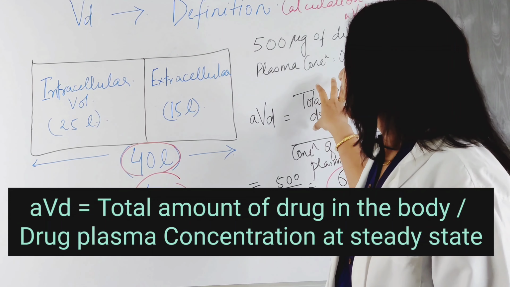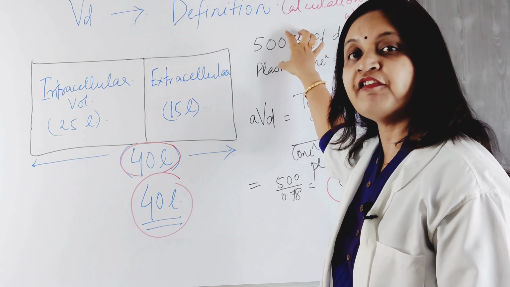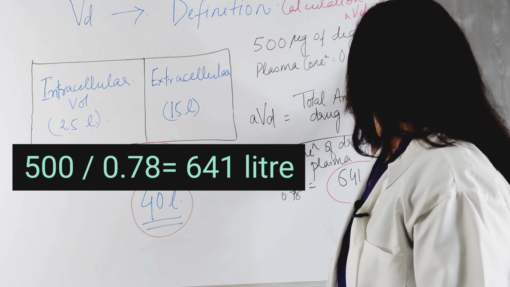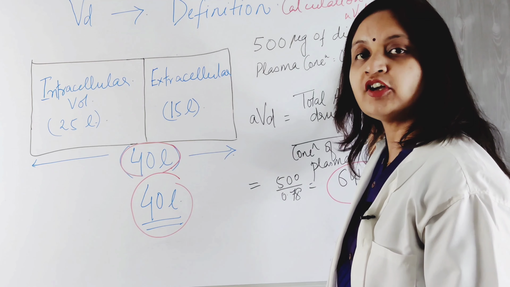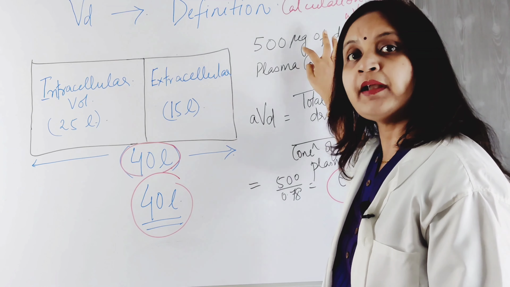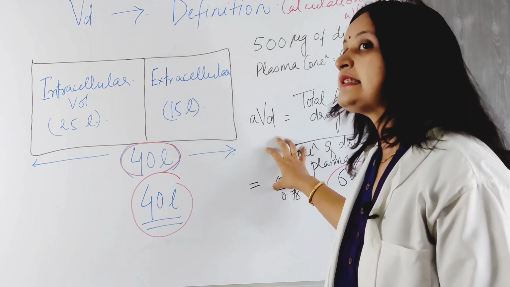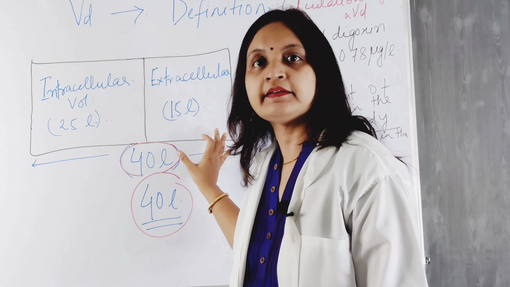If we plug in the values, the total amount of digoxin contained in the body is 500 micrograms and the plasma steady state concentration is 0.78 microgram per liter. It works out to be 641 liters.